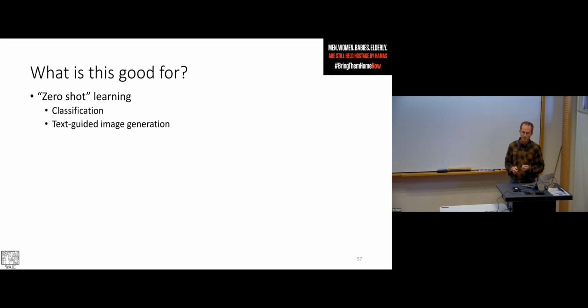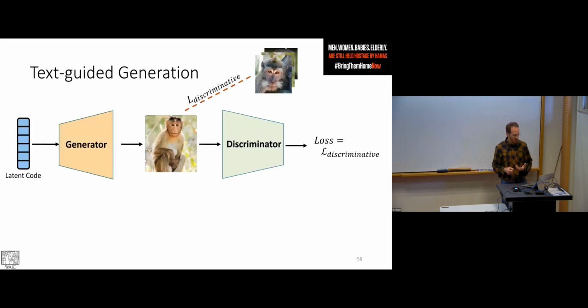It can also be used for text-guided image generation. If we have, for instance, a generator that generates natural images, we have a loss from the discriminator. We sample a latent code, we have a generator, we have a discriminator, and we train the loss based on the distribution of the generated images versus the set we have.